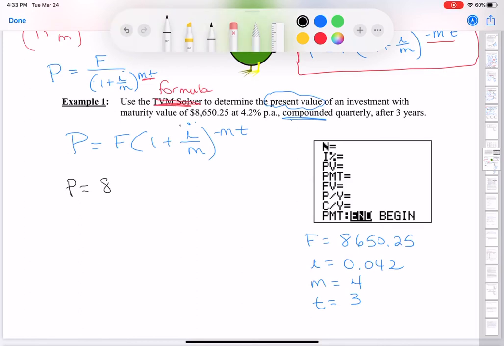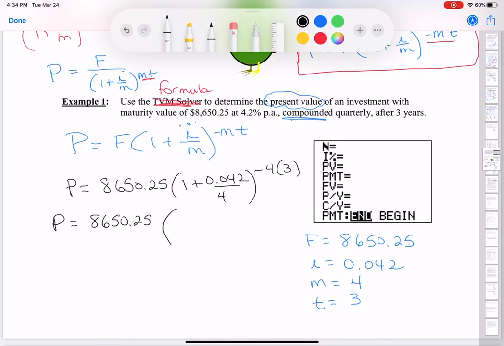We have F, 8650.25, (1 + 0.042/4) to the negative 4 times 3. All right, and perhaps I'll take a moment and simplify this down.